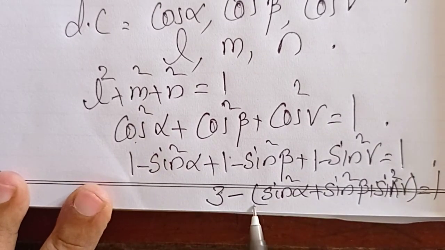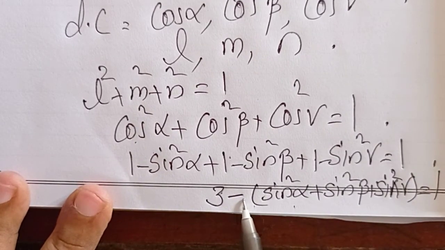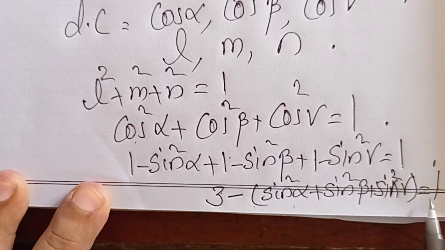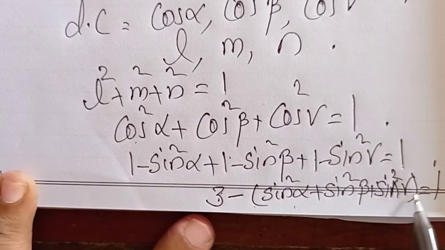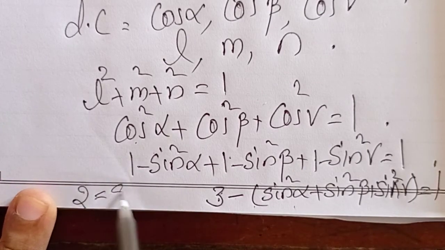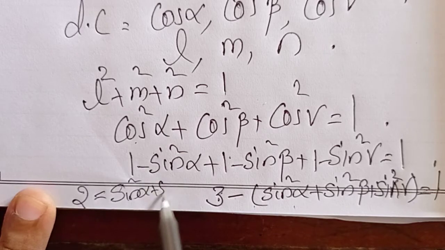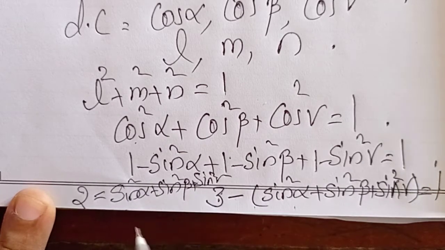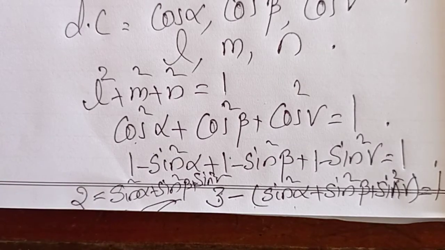This is minus sine square, therefore you convert this minus to the other side. In the RHS, write this 1 here. 3 minus 1, what is 3 minus 1? 2 is equal to sine square alpha plus sine square beta plus sine square gamma. All of you agree? Very good.